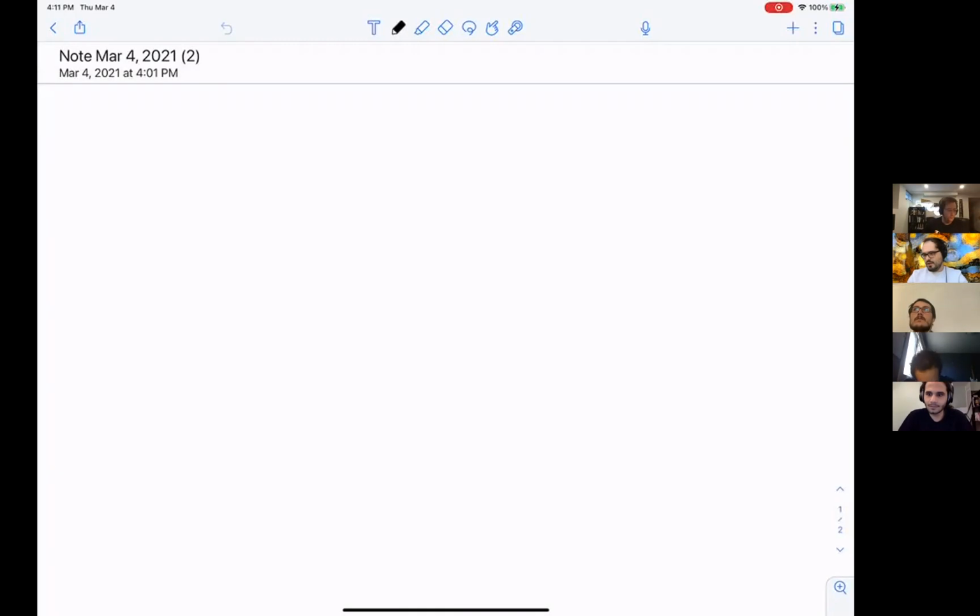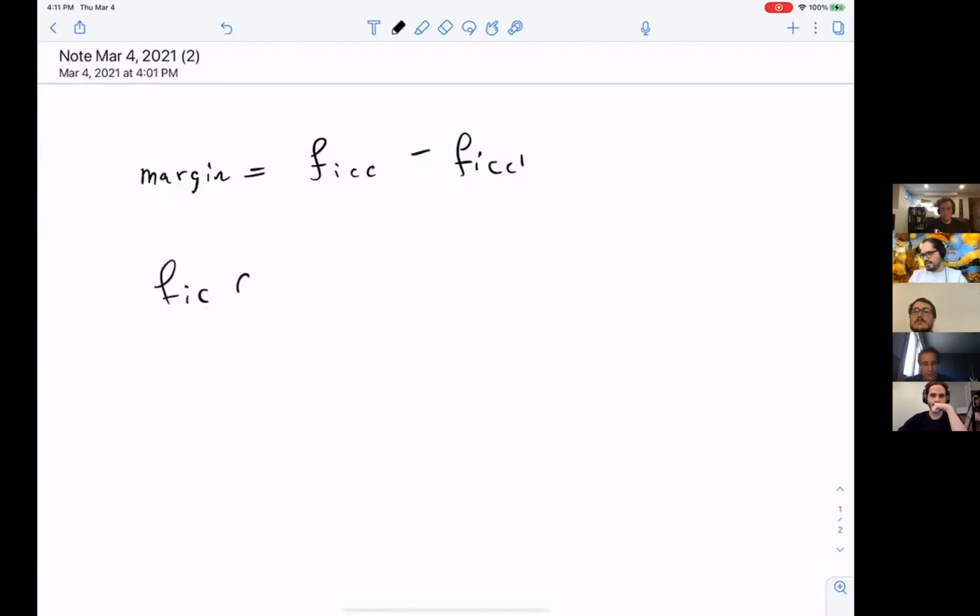So in the homework, the definition of a margin is equal to f_icc minus f_icc', where f_ic is a vector in R^C. Capital C is the number of classes, and f_ic are logits. So these are the logits of the ith example in the cth class.